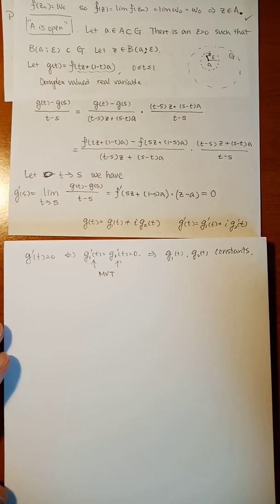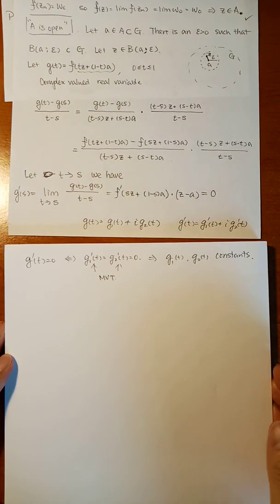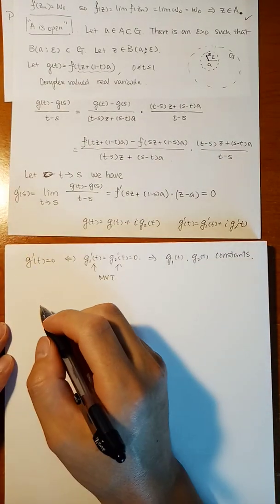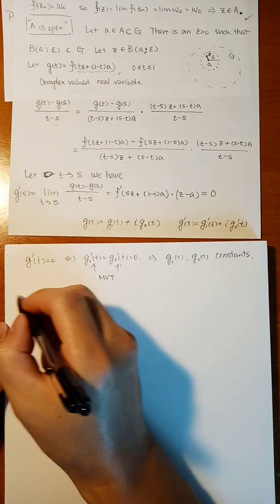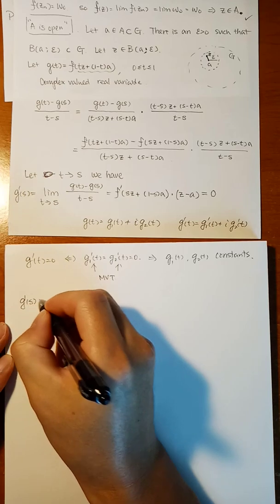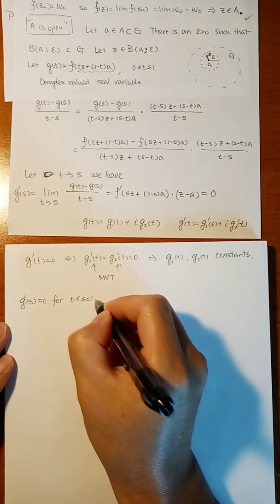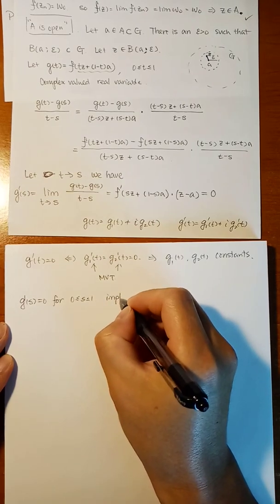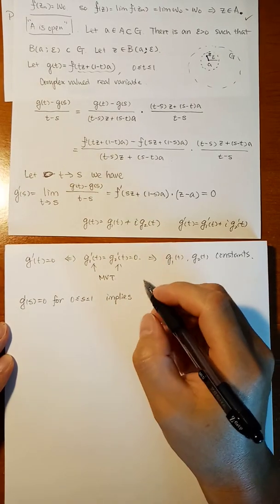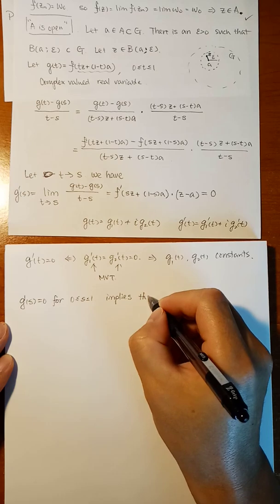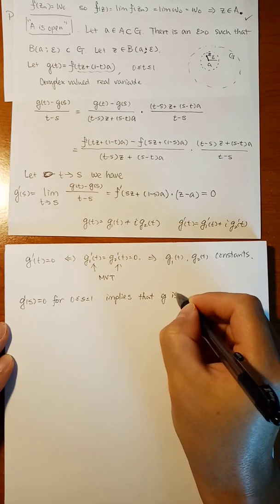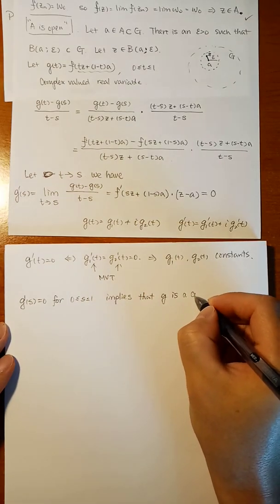That's not the problem. So after we got g prime of s equal to 0 for s between 0 and 1, it implies this two-dimensional function g is a constant function.